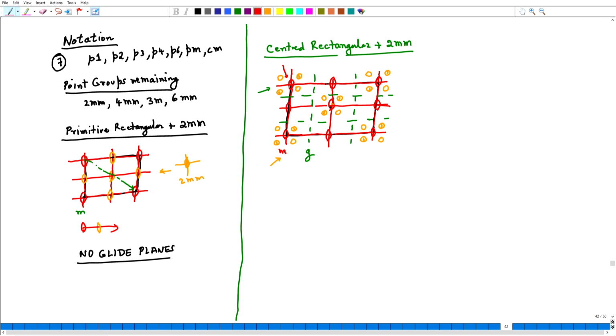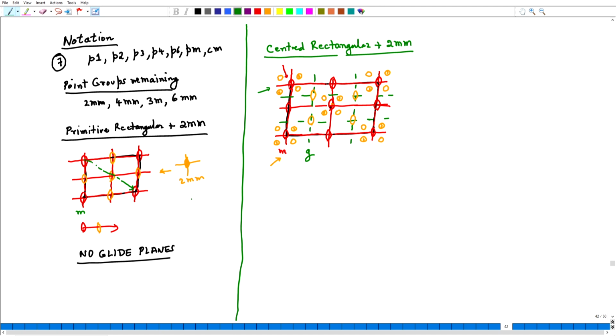Take the same two-fold on the left top, and do a translation to the center lattice point from the left top point. We will obviously put another two-fold in the middle of the translation, and hence one will get two folds. Now, this completes the centered rectangular when we add 2 mm.